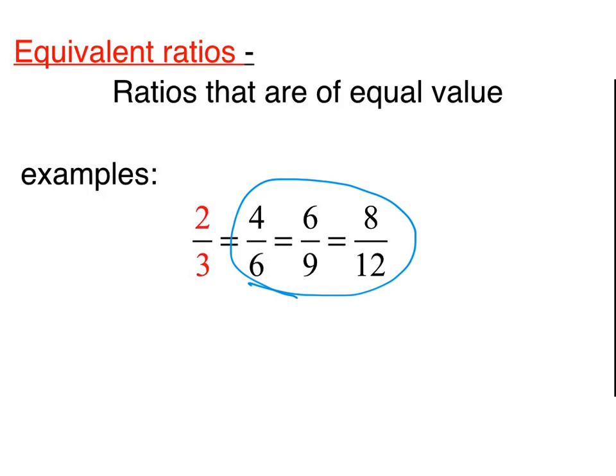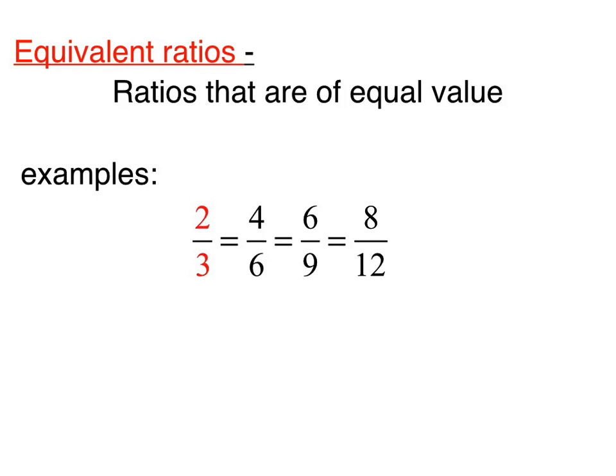To be equal to 2 over 3. 4/6 reduces to 2/3. 6 over 9 reduces or simplifies to 2/3. Same thing with 8 over 12. That's what makes them all equivalent to each other, because they all represent essentially the same number or have the same value. That's what equivalent ratios are all about.